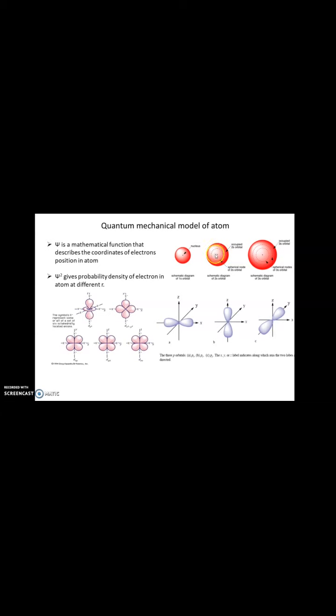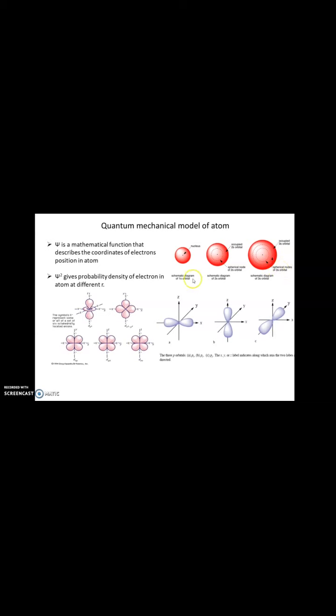So here there is a node, and this node is a spherical node of the 2s orbital. Similarly, the 3s orbital is bigger in size, and the electrons could be found in these positions, and there are two spherical nodes present in this 3s orbital.